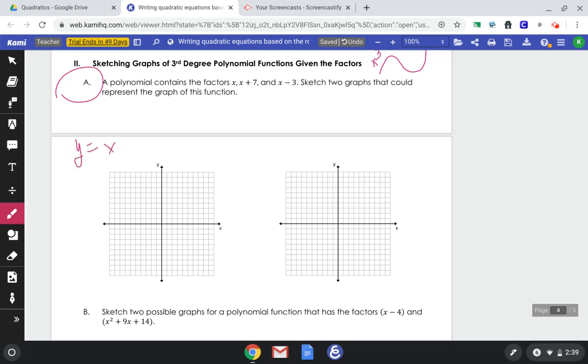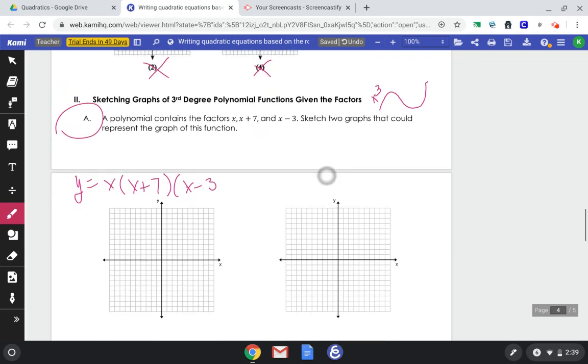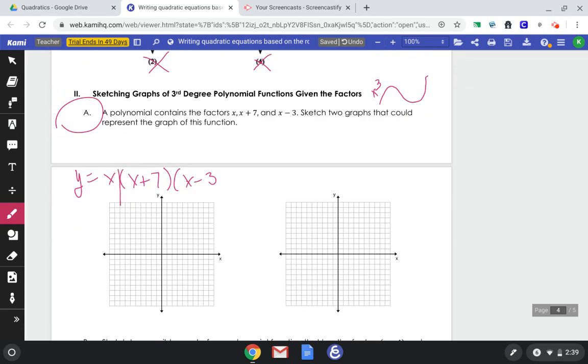y equals x, x plus 7, x minus 3. If I were to go through and solve these, I know that x could equal 0, so it's going to cross at x equals 0.